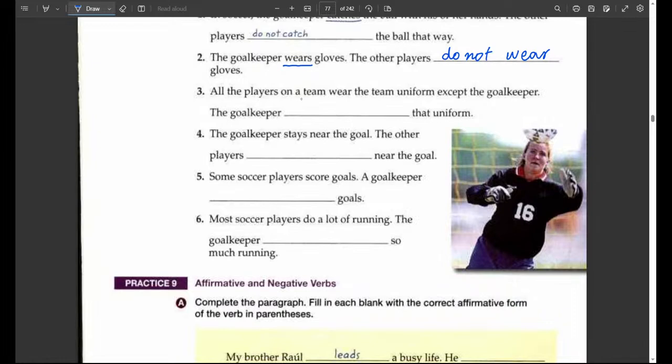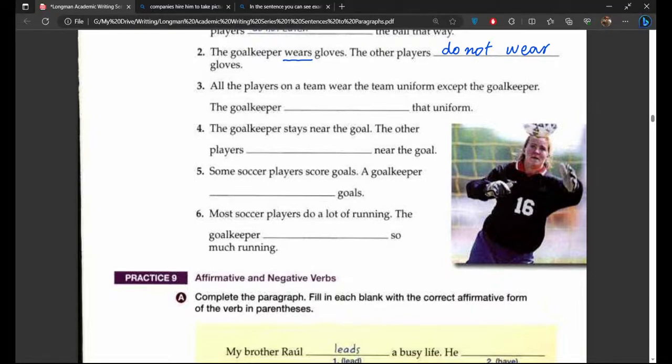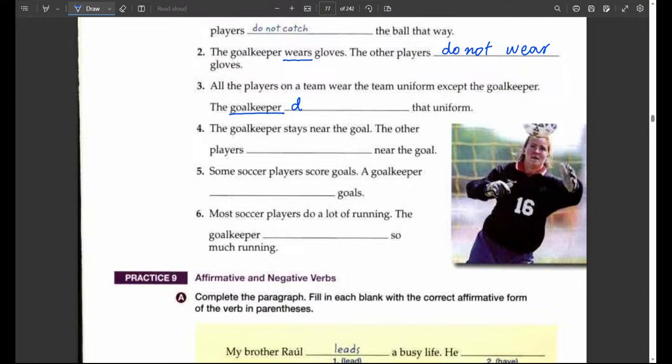All the players on a team wear the team uniform except the goalkeeper. The goalkeeper, it is a singular subject now, does not wear. Notice here we don't say wears for the goalkeeper.